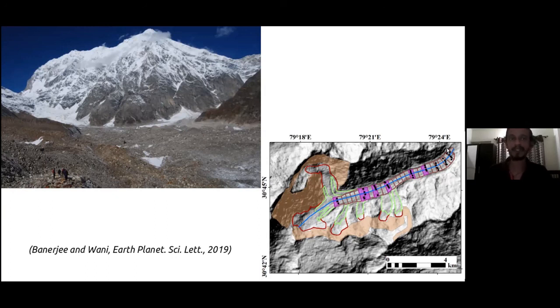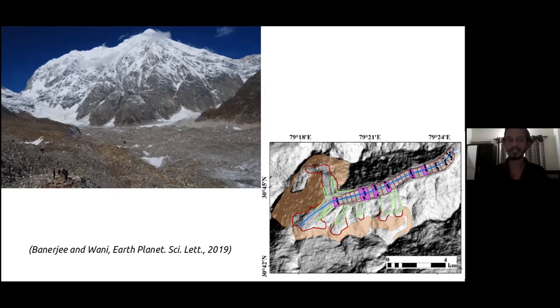And we have colleagues from local universities who go there more often. The thing we have been measuring, for example, on Satopanth Glacier, is the mass balance. All these dots that you are seeing, we have drilled a hole into the ice and inserted a bamboo stake. As the ice surface melts, the stake comes out, and we know the local melt rate.